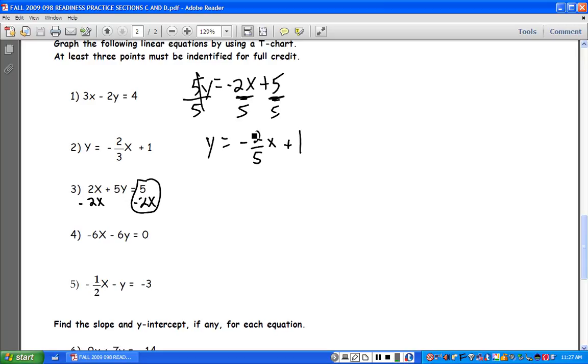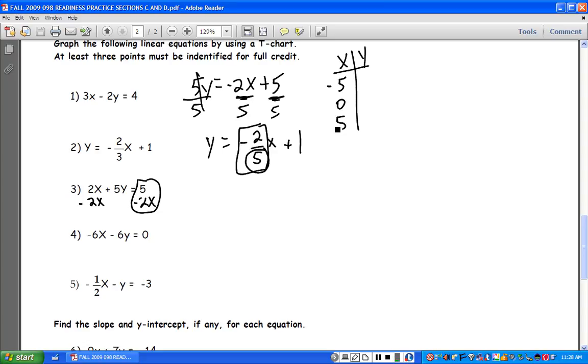So we've solved for y. We have our base equation here. Now we're ready to make our t-chart. Again, our slope, our m, is a fraction, so we're going to make our x values be centered around that 5 in the denominator. So -5, 0, +5.